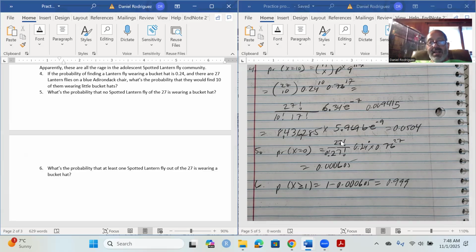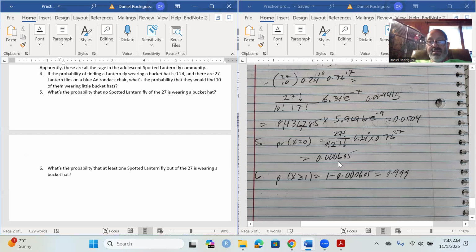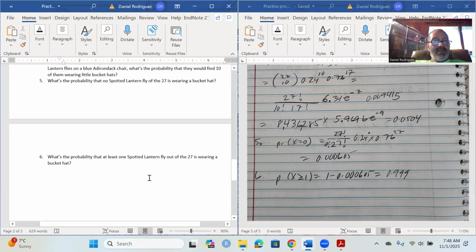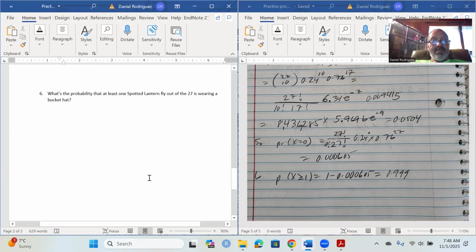Because you got n divided by n, because remember, this second component is n minus x, and x is equal to 0. Okay, so we get 0.24 to the 0, which is going to be 1. So basically, it's just doing 0.76 to the 27. We get 0.000605.